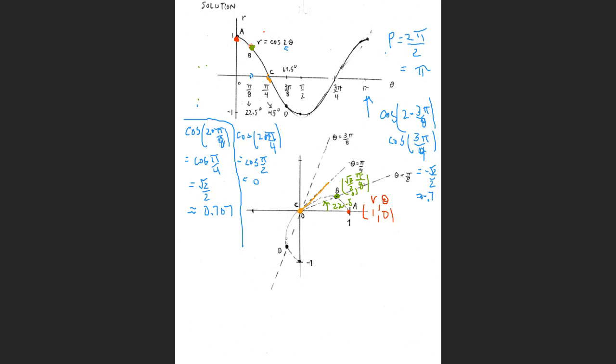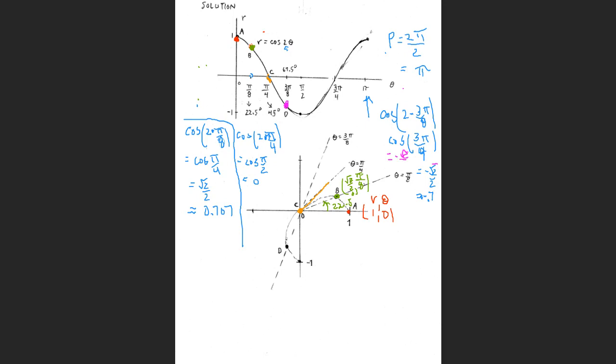When theta is equal to 67.5 degrees, the radius is negative root 2 over 2, right? We computed that right here.